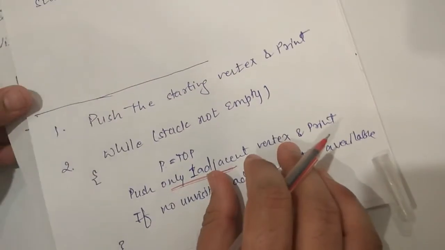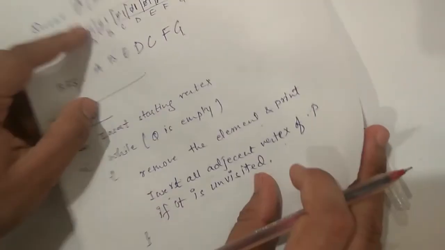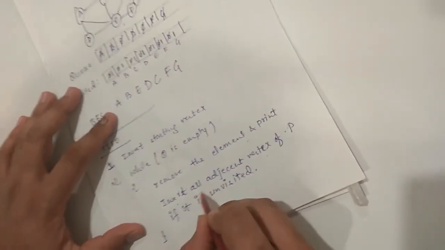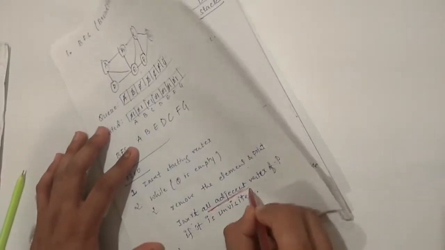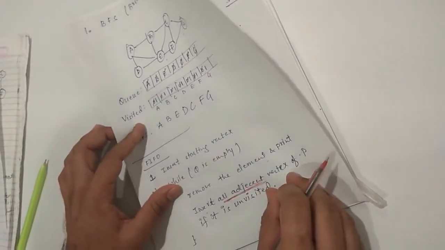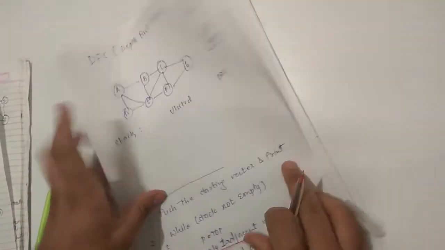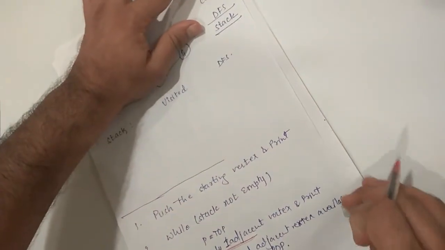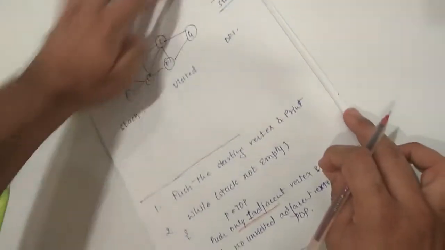Let me show you that. In our previous algorithm of BFS we had written insert all the adjacent vertices. So in BFS we need to insert all the adjacent vertex, whereas in DFS you need to insert only one adjacent vertex.